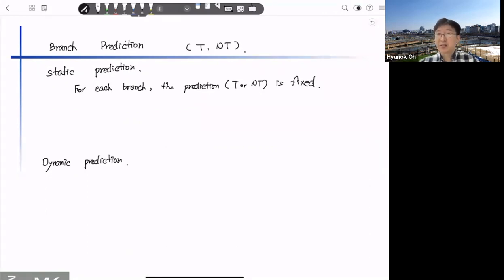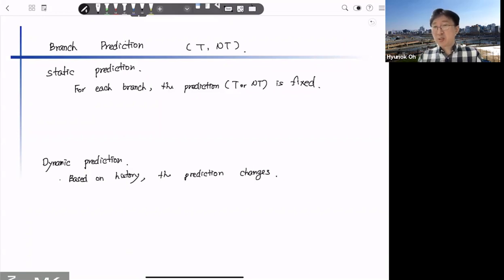In the dynamic prediction case, the branch taken or not taken is dynamically changing over time. Okay. So this is dynamically changing. This is based on the history.